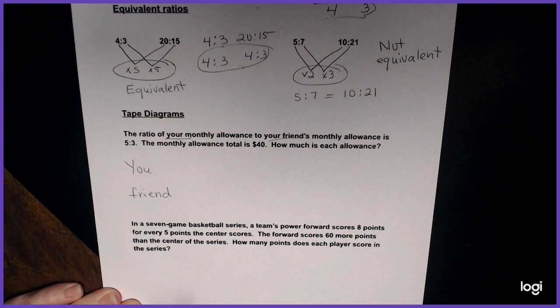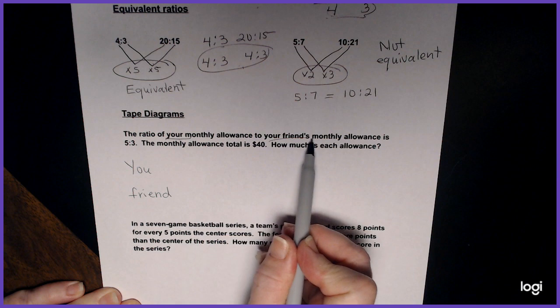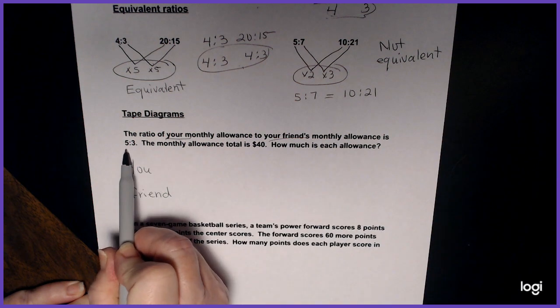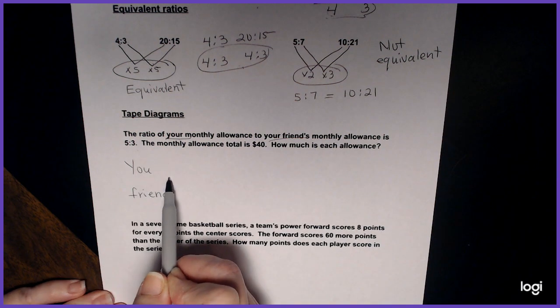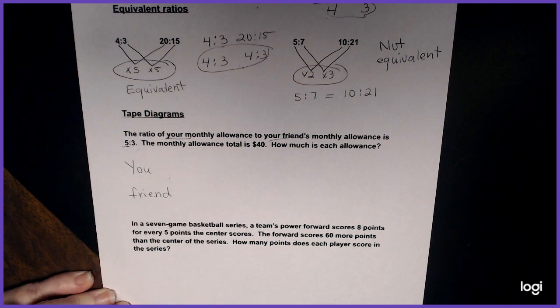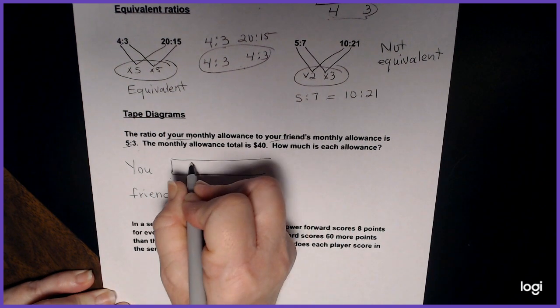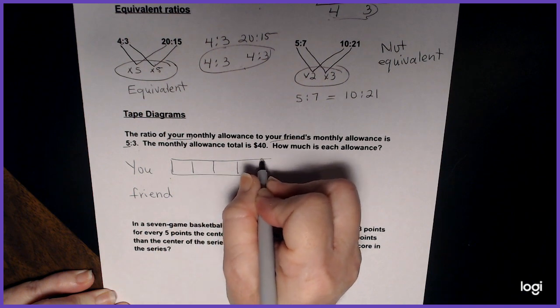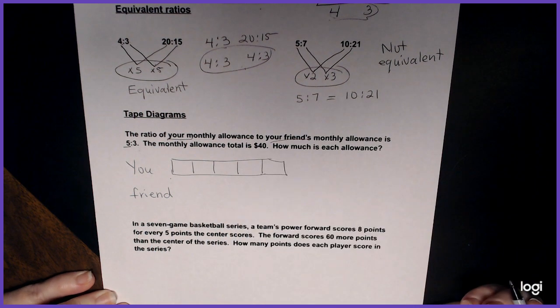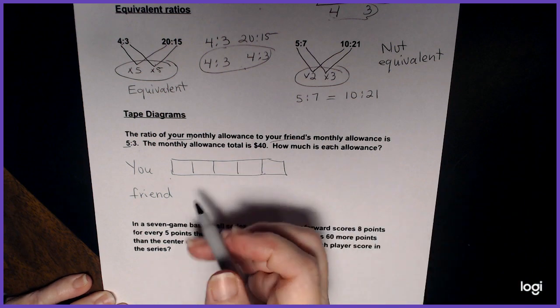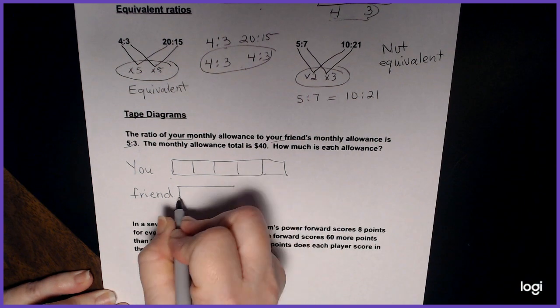Let's see you. The ratio of your monthly allowance to your friend's monthly allowance is 5 to 3. 5. So I get 5 boxes. So let's make 5 boxes for us. Five. And my friend's looks like is 3.